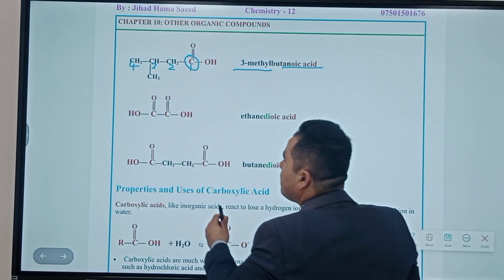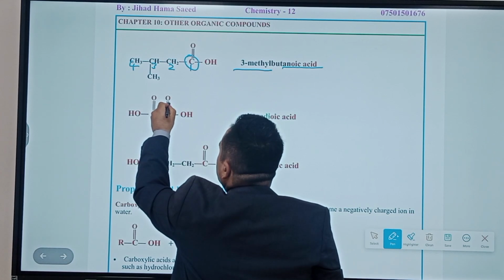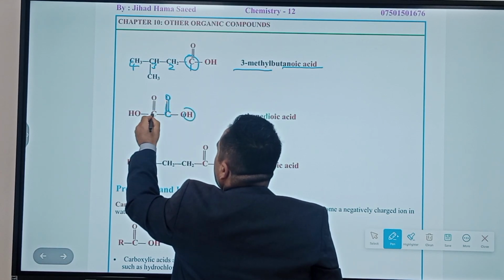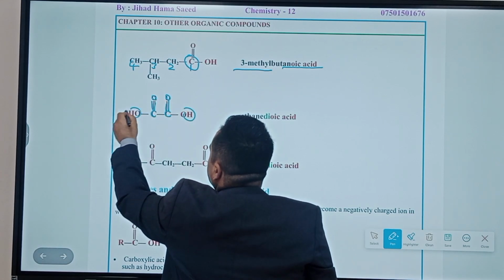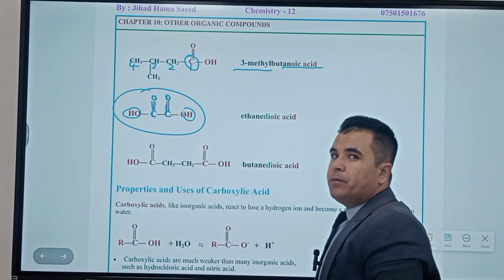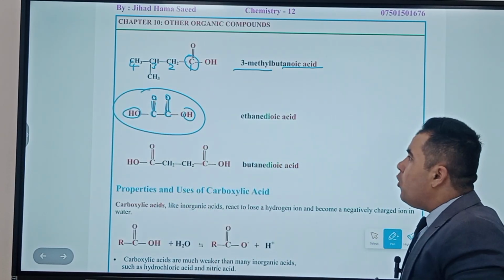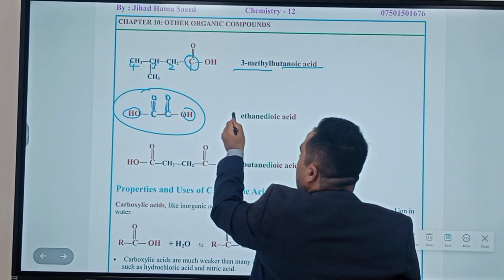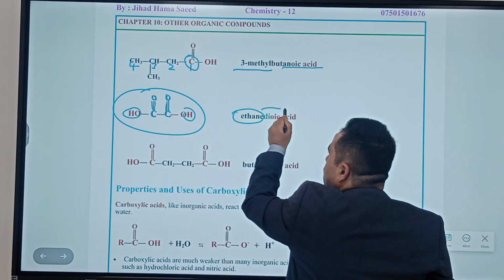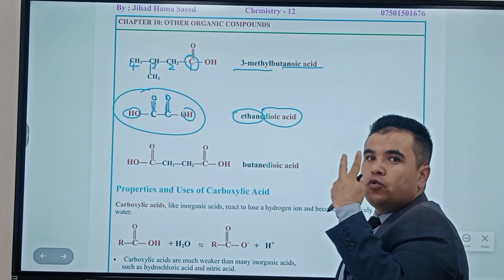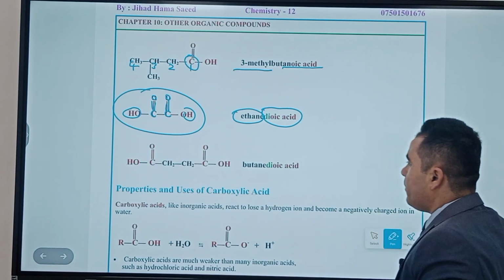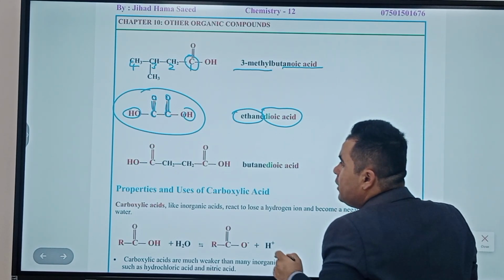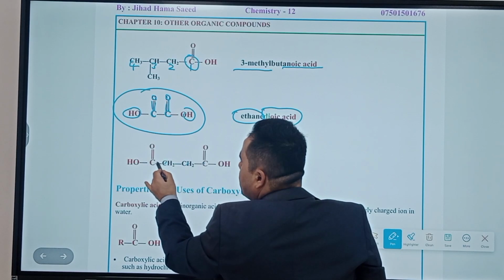For this structure, we have 2 carboxyl groups, COOH and COOH. Two carboxyl groups is dioic, or three is trioic. For 2 carbons, we have ethane and then dioic acid for the 2 carboxyl groups. Here we have 1, 2, 3, 4.